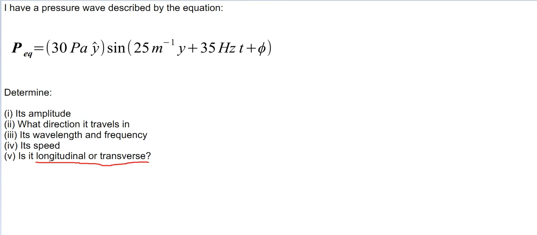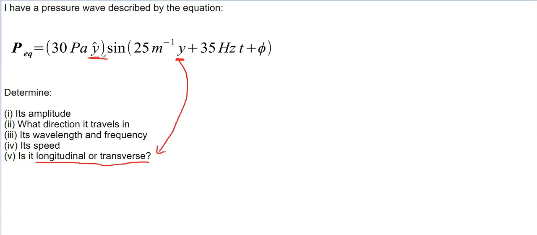Now, when you take a look at these two waves, what longitudinal or transverse actually means is for longitudinal waves, we are oscillating in the direction that we're traveling in. For transverse waves, we are oscillating in a perpendicular direction to the direction that we're traveling in. Now, if you take a look at this, the direction out front will tell you what direction you are vibrating in, and the thing that is next to the wave number will tell you the direction that you're traveling in.